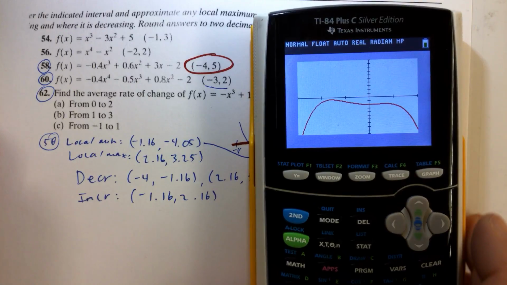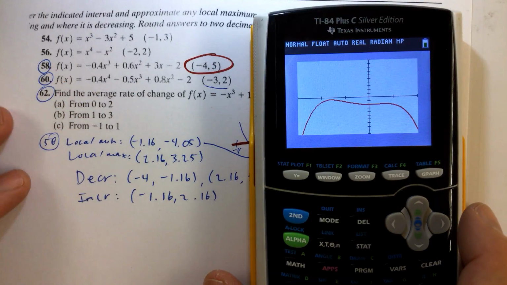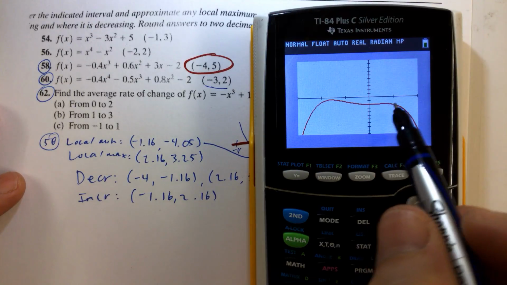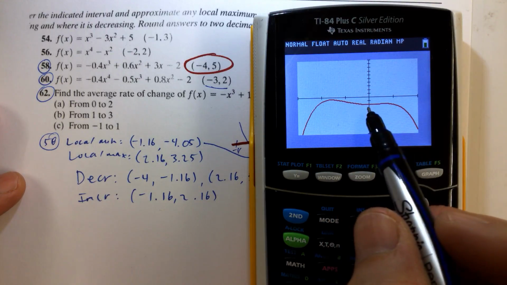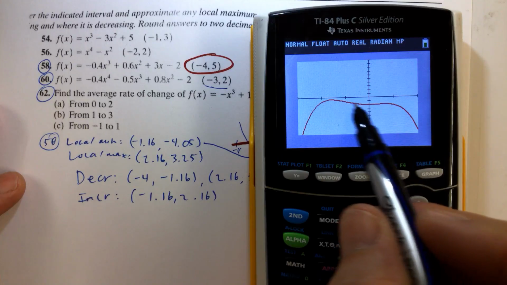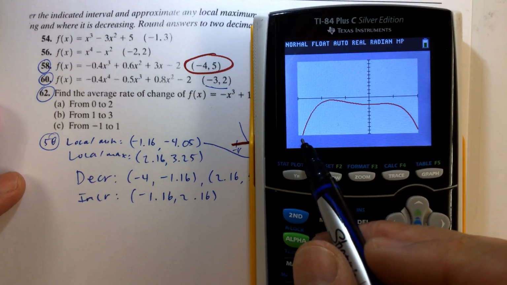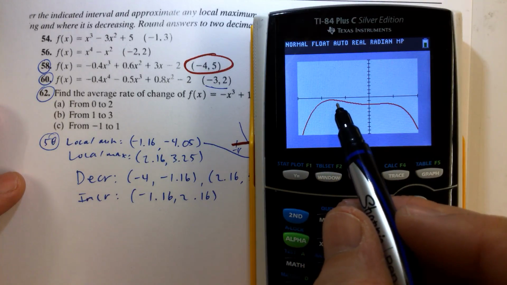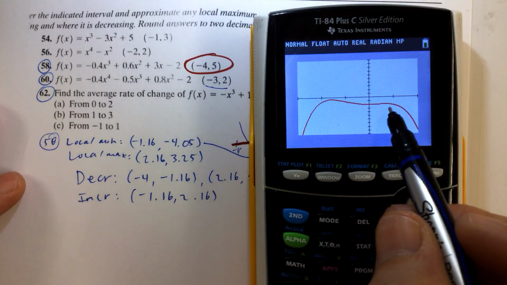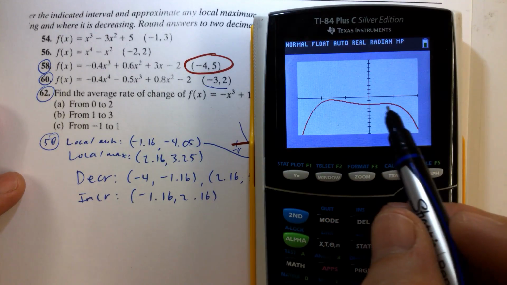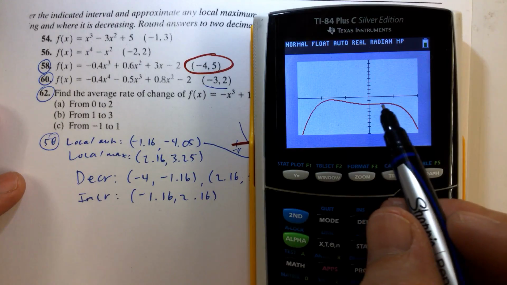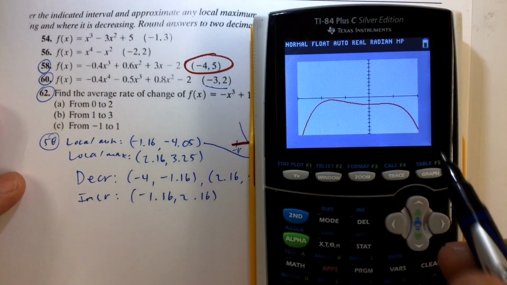If you graphed the function in number 60 correctly, it should look like that. And sometimes it gets a little bit fuzzy as to what is actually going on during this little time. We could see the function is increasing, and then it goes down a little bit, but then the question is, does it really go back up, or is that just where the calculator isn't giving us a clear enough picture?